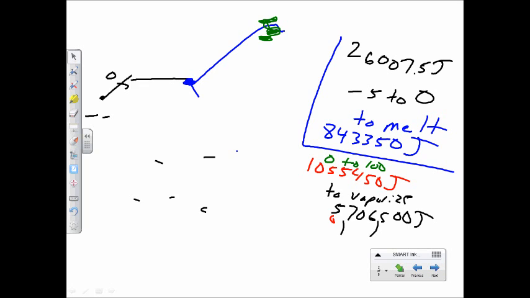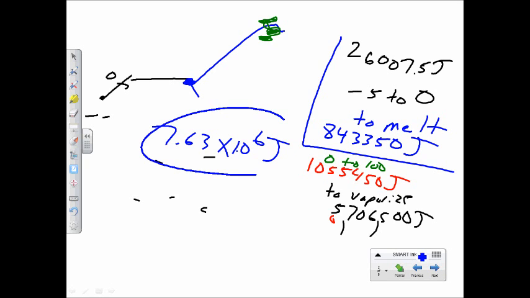Add them all up, and this problem, it looks like we needed 3 significant digits. So 7.63 times 10 to the 6th joules. And that again is the total amount of heat. First, to raise the ice from -5 to 0. Then to melt it. Then to raise it from water at 0 to water at 100. And then to steam it, to vaporize it. Add all those up. There's what we got.